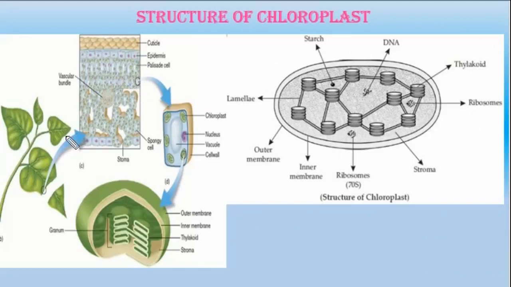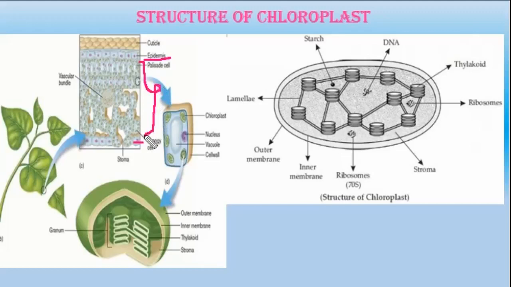So chloroplast, as I said, is present in the cells of the mesophyll. This is the leaf. When you take a transverse section of the leaf, here we can observe the upper epidermis and lower epidermis. Between upper epidermis and lower epidermis, there is a modified parenchyma which consists of chloroplasts.